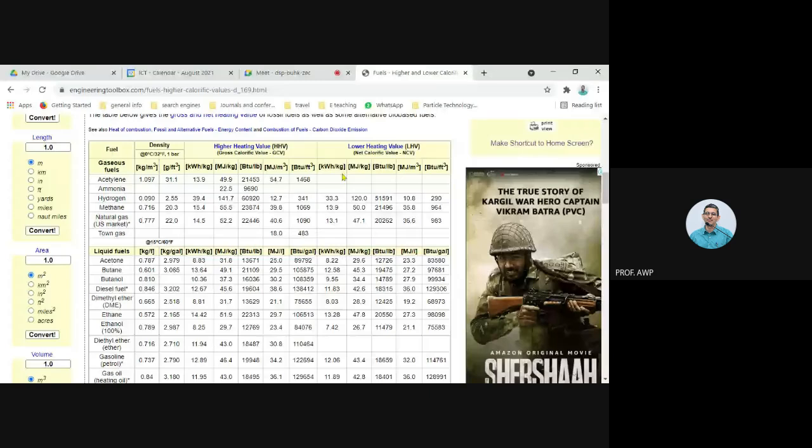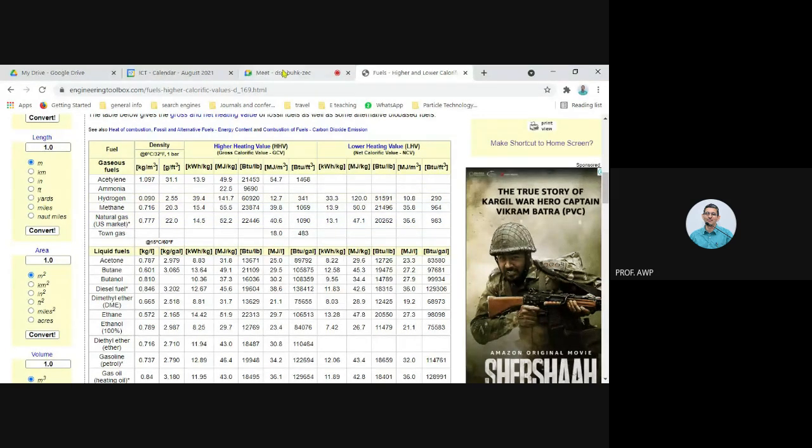You can take whatever units you want. It is given per meter cube and feet cube also, because it's a gaseous fuel. For methane, the net or lower calorific value is 13.9 kilowatt hours per kg or 50 megajoules per kg. Do you agree with that? The higher heating value is 55.5 megajoules per kg.